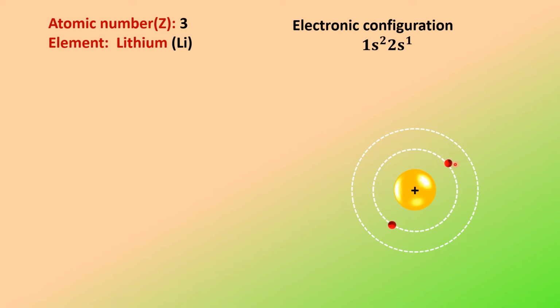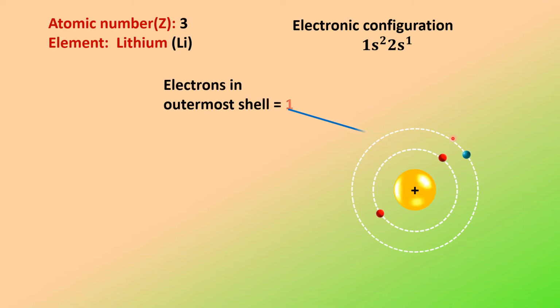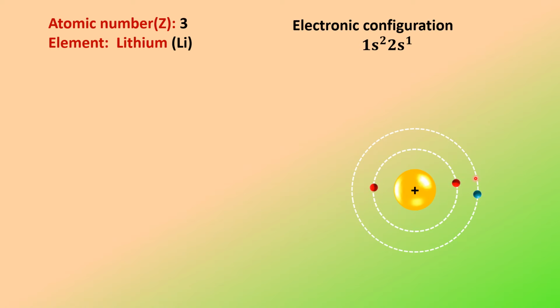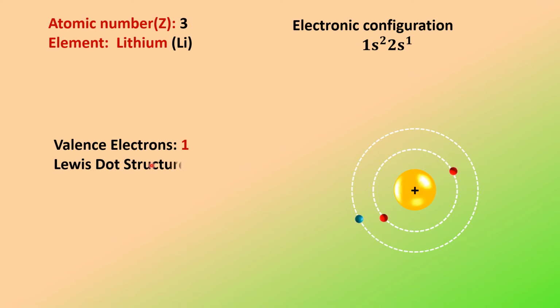In the first shell 2 electrons, and in the second shell 1 electron is present. This electron is called a valence electron. Now we'll take this electron and write the dot structure. Valence electrons for lithium is only 1. This is the lithium nucleus, and this is the valence electron. This is the Lewis notation for lithium. Now we'll move to the fourth element.